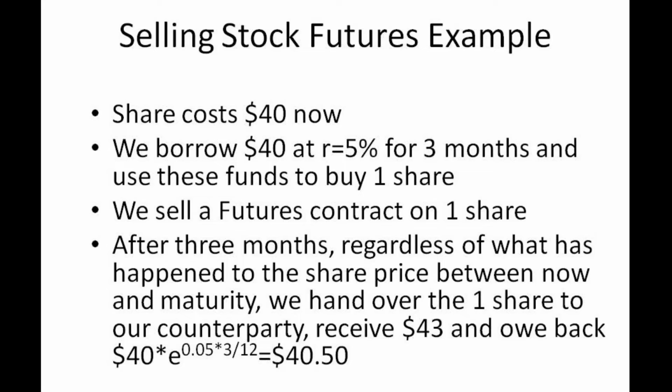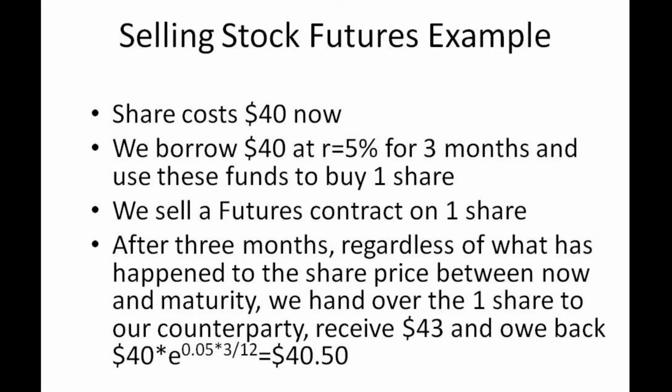After 3 months, no matter what happens to the share price, we don't actually at this point care because we're hedged. We've bought it and we've agreed to sell it at a fixed price. So if it goes up a lot or down a lot, it doesn't matter because our price has been locked in already. So after 3 months, we hand over our one share to our counterparty.